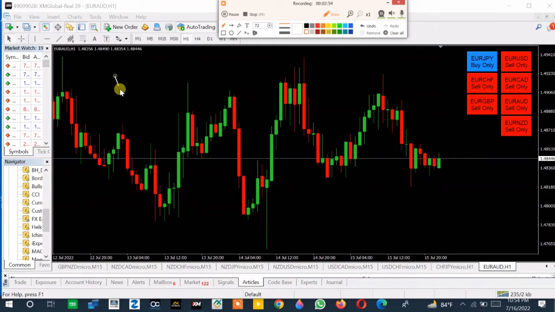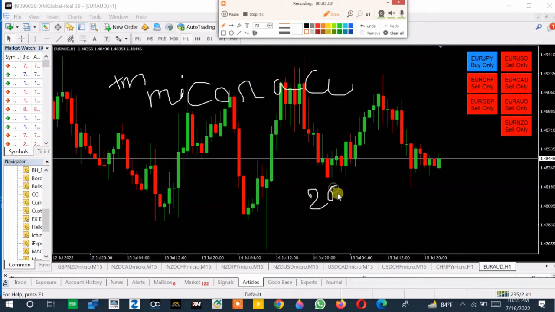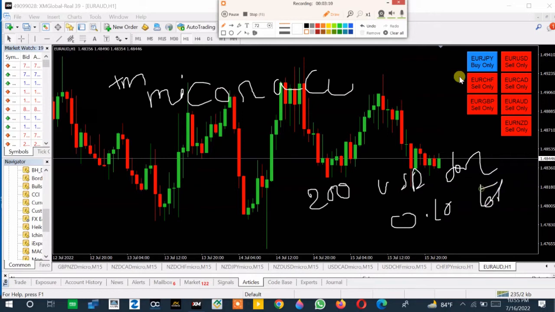So for an XM micro account you need 200 US dollars for 0.10 lot size.